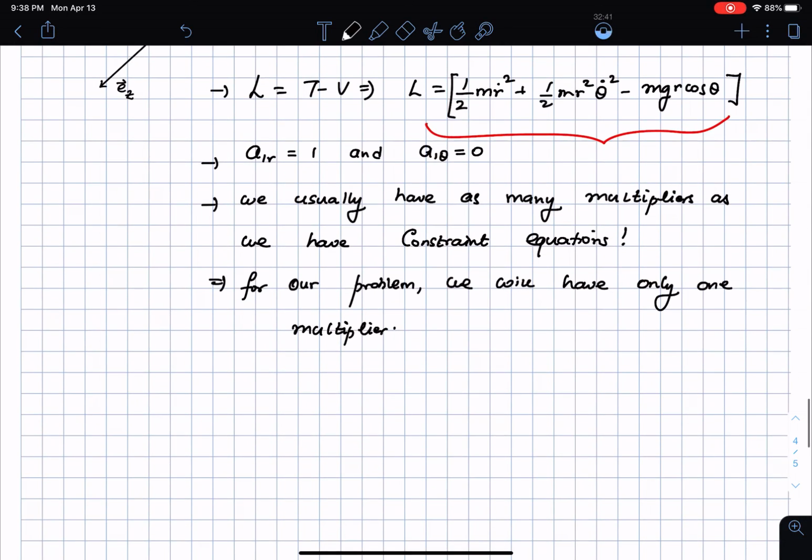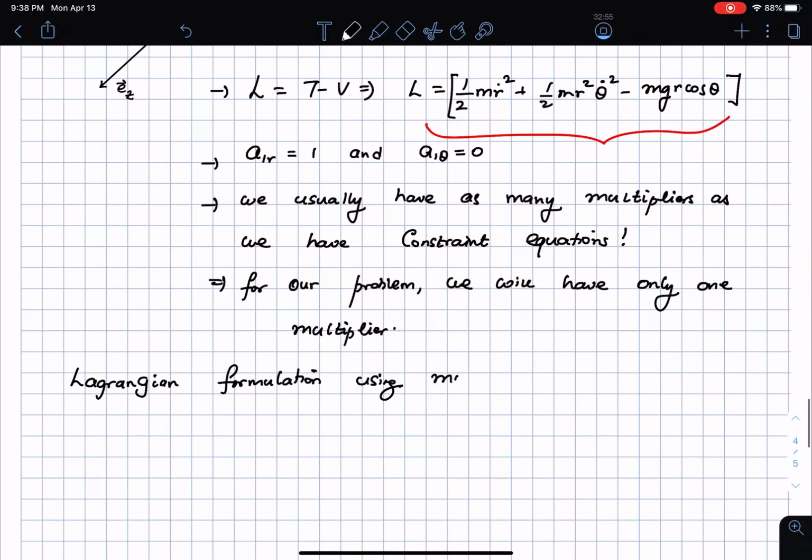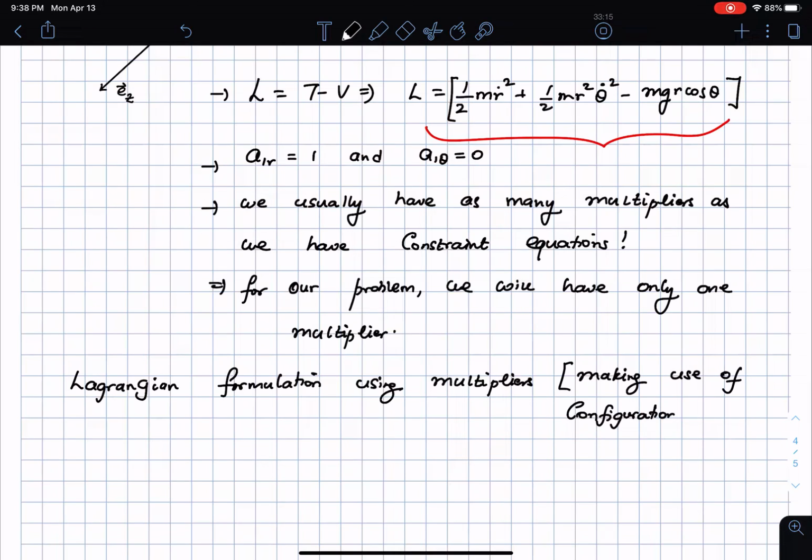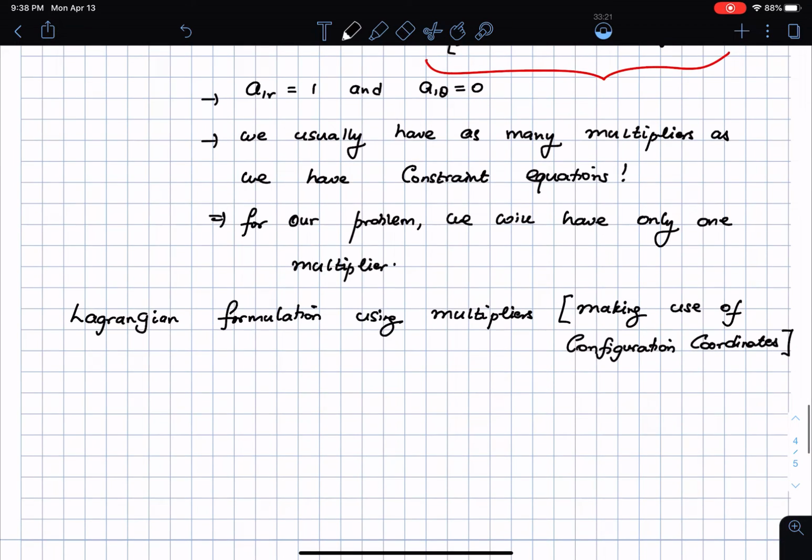Okay, so I first write the Lagrangian formulation using the multipliers. So the Lagrangian formulation using multipliers makes use of the configuration coordinates, and we have two, right?